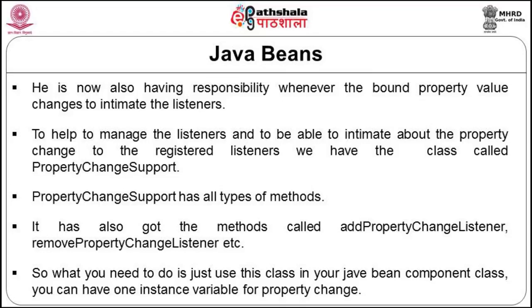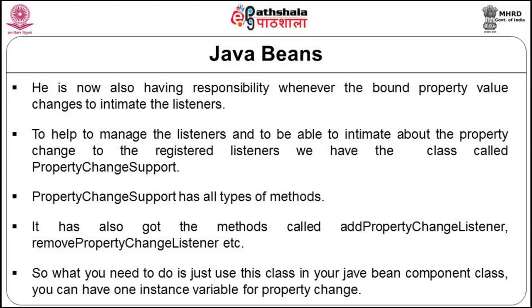To help you manage the property change listeners, and to intimate the registered listeners about the property change, we have this class called PropertyChangeSupport, which can be used here. It has all kinds of methods, such as add listener and remove listener, also with property names.